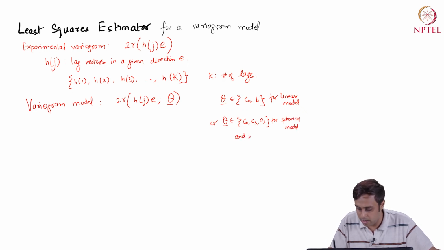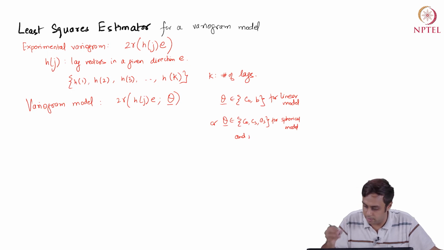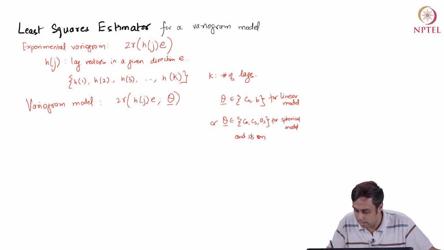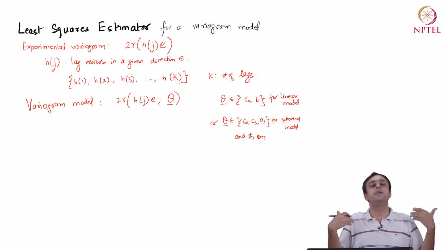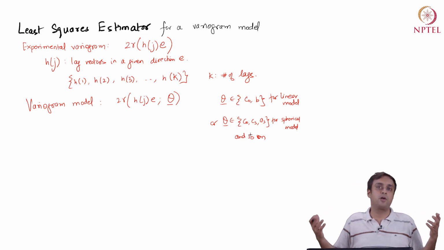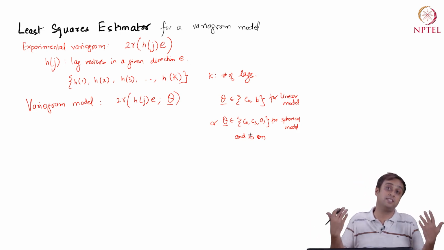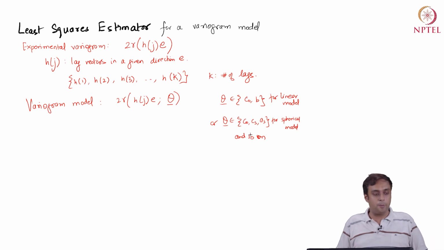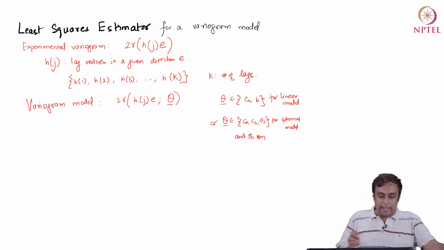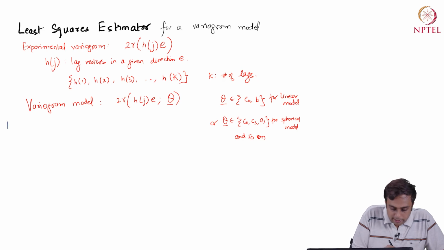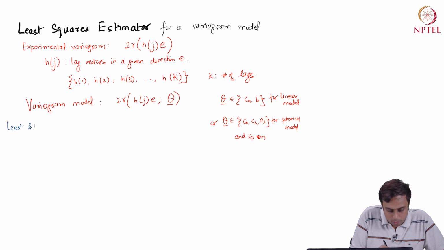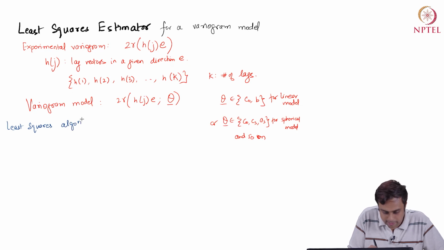So, we have these different starting points. As an analyst we should perhaps fit more than one variogram model to see which one is providing a more sensible interpretation. Okay. So, the least squares algorithm is as follows.